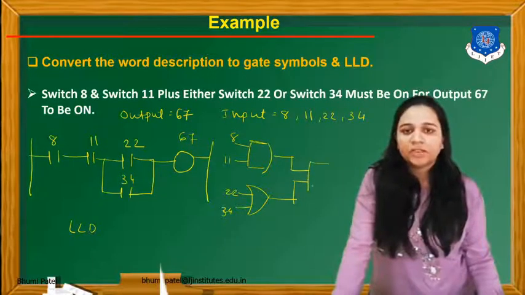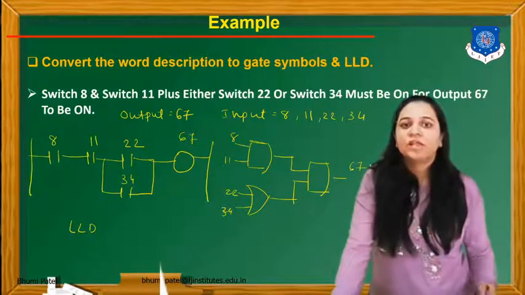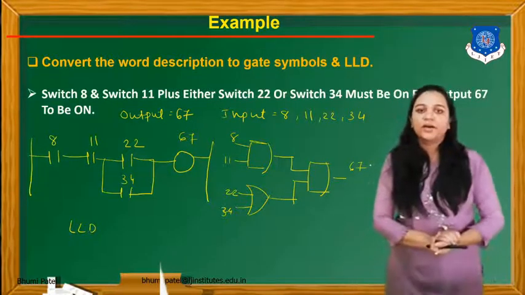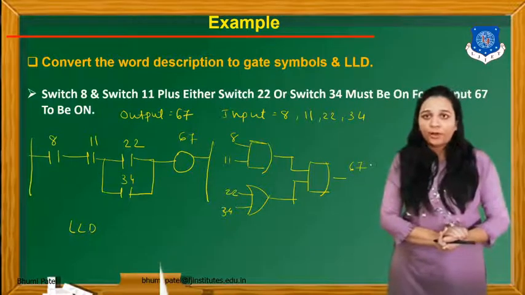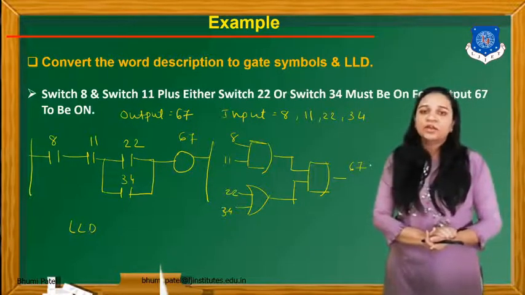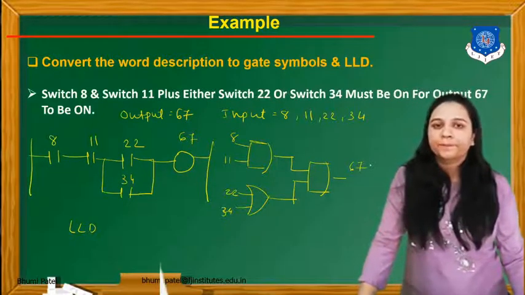If both the conditions are satisfied, the output 67 will be on. Otherwise the output 67 will be off. So we have to convert this word description to the gate symbol and the ladder logic diagram.